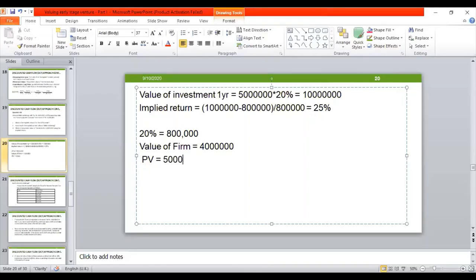So 5 million divided by 1 plus 25% to the power 1. Simply you can divide it by 1 plus 25%. It is also equal to 4 million, right? So the present value of the investment should be equal to the value of the firm today.